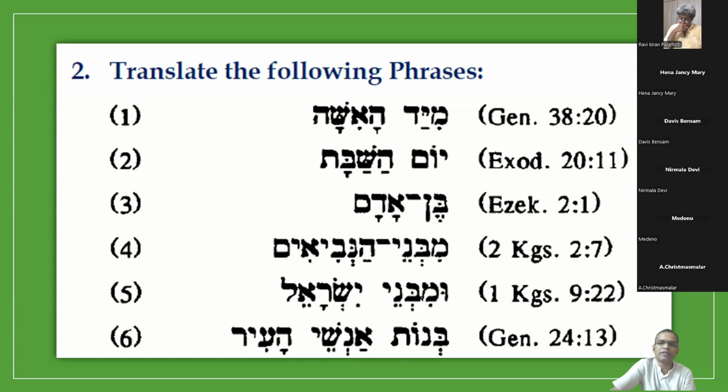Please read the fourth and fifth phrases. Look at the words and read correctly.